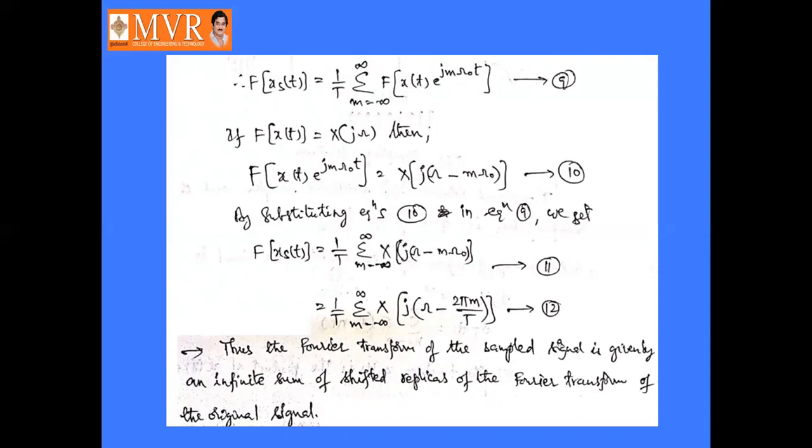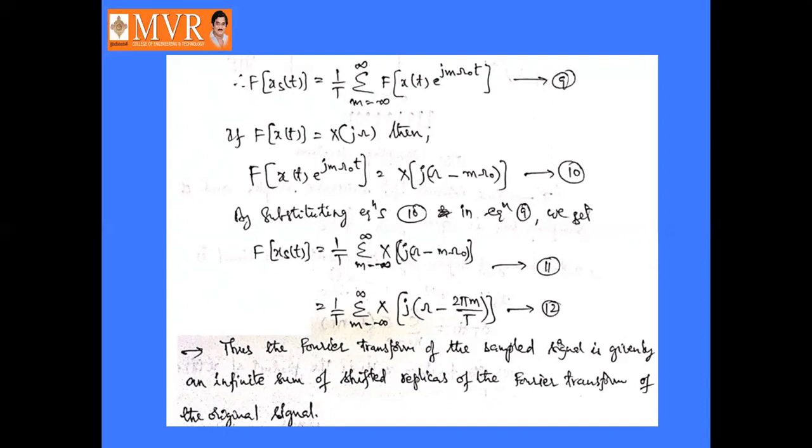If the Fourier transform of x of t is X of j omega, then the Fourier transform of x of t into e power jm omega naught t is, by the frequency shifting property, X of j omega minus m omega naught. So by substituting equation number 10 in equation number 9, we get the Fourier transform of xs of t is equal to 1 by T into sigma m is minus infinity to infinity X of j omega minus m omega naught, right?